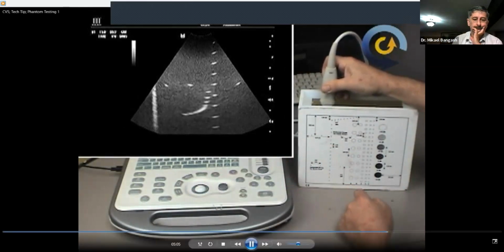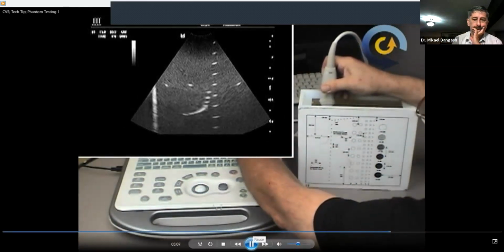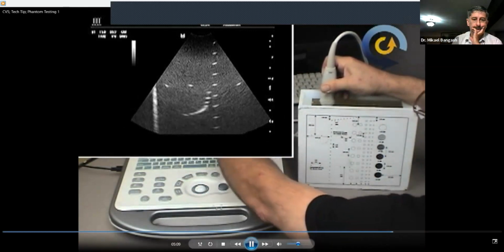And when you look at your resolution, you're looking for axial resolution along the axis of the plane. So girls, this is your axial resolution. That's why we also call it depth resolution. Whereas this here will represent your lateral resolution.